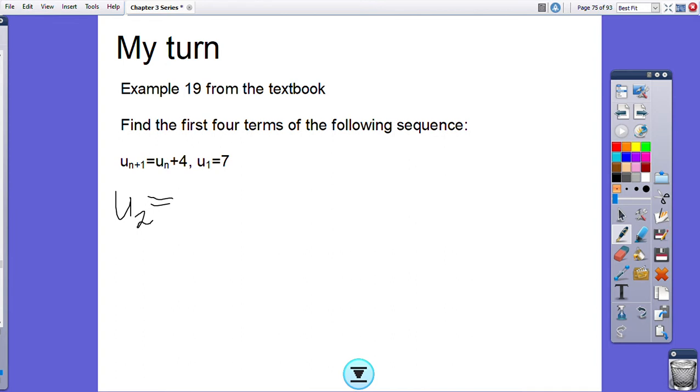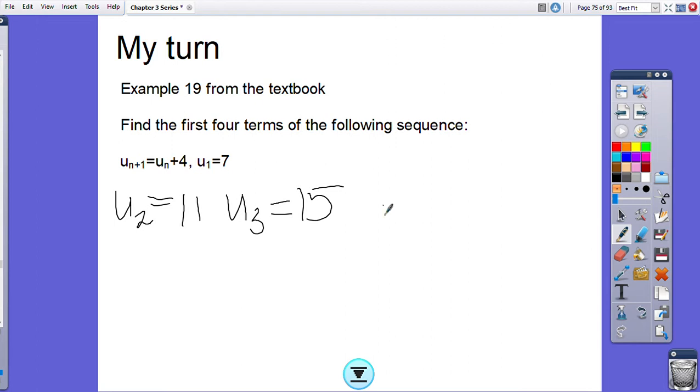but u2 is also 7 plus 4, which equals 11. u3 is 11 plus 4, which is 15. u4, and it wants the first 4 terms in this. We've already got u1, so we've got u2, u3.